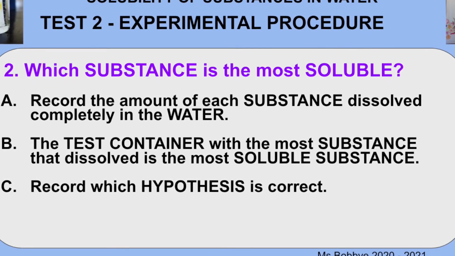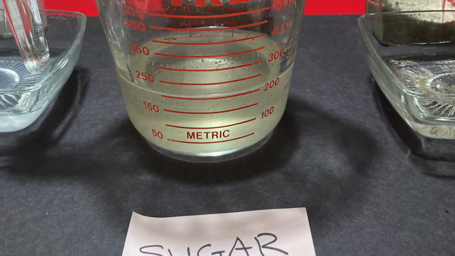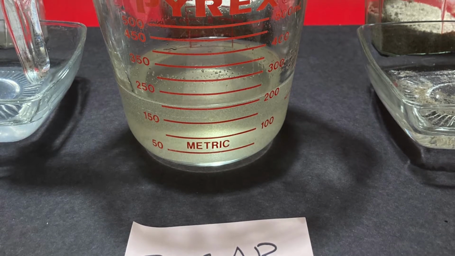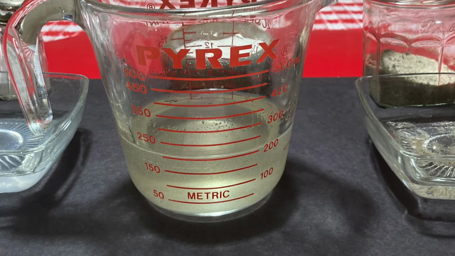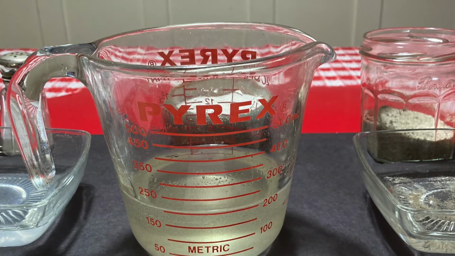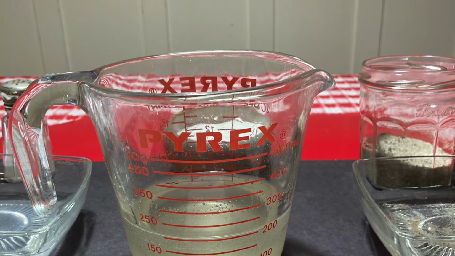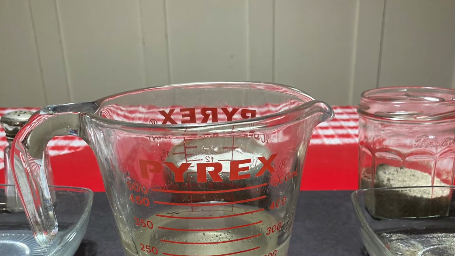Then we're going to write down which of our hypotheses is correct. It took so much sugar to dissolve in our 100 milliliters of water that it even expanded the total volume to 200 milliliters. Sugar is clearly the most soluble substance of our three.